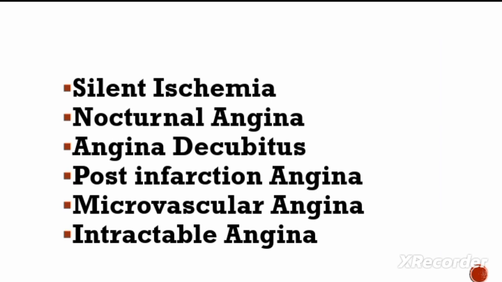Other types are silent ischemia. Silent ischemia occurs usually in diabetic patients. It is mainly associated with diabetic neuropathy. Silent ischemia refers to ischemia that occurs in the absence of any subjective symptoms. The patient will not exhibit any symptoms.